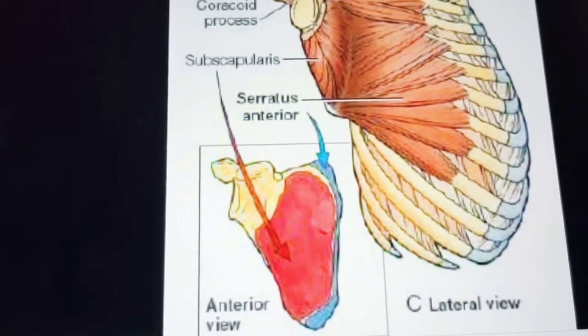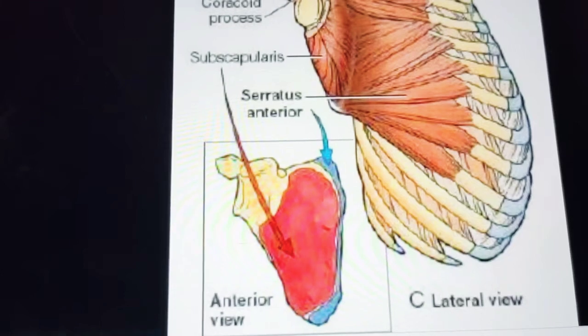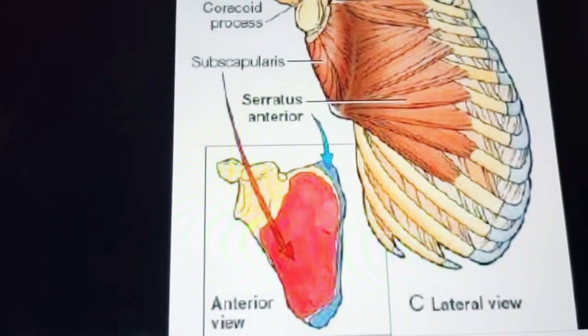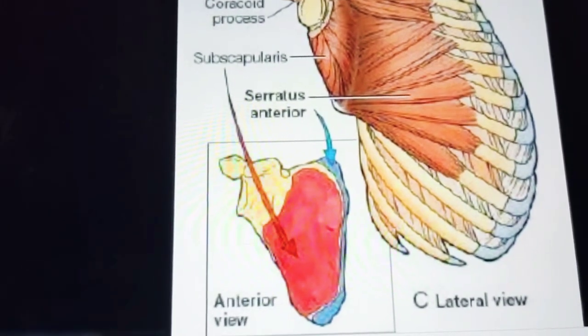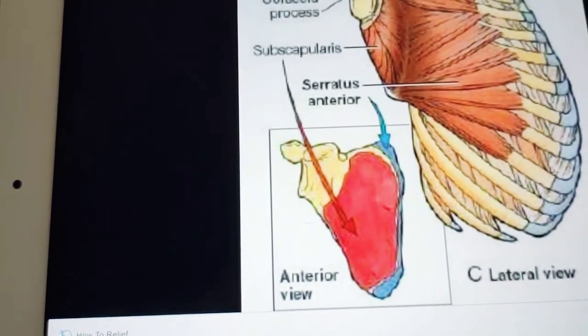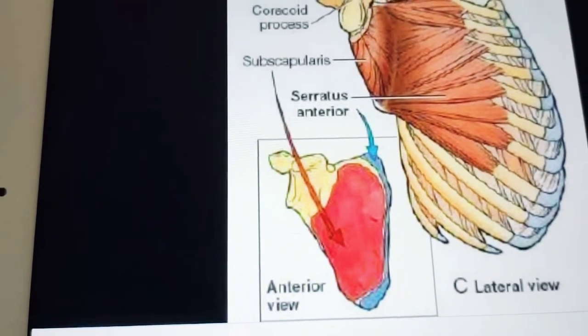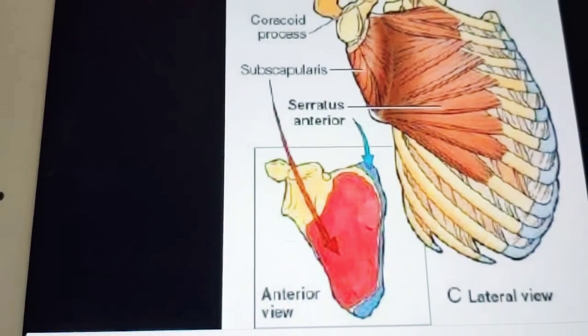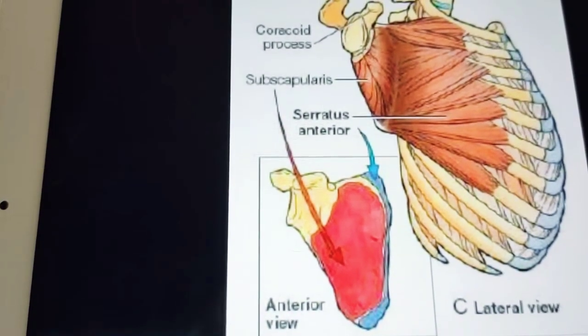The muscle stabilizes the scapula during weight carrying. If you're carrying any heavy weight, the serratus anterior is stabilizing it, and it's also helpful in forced inspiration. What are some additional features?